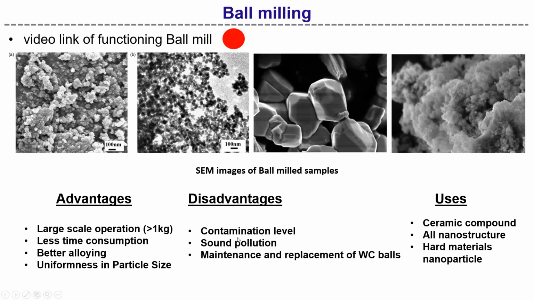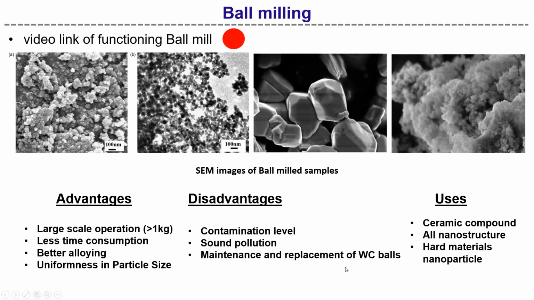Contamination level would be very high because this is a physical method, and normally in physical methods this problem arises where the ball physically touches your material and the inner surface of the steel vessel touches your nanostructures or powder. So contamination, adding of elements, and defect creation would be there in this method. Sound pollution is also an issue, but it can be reduced by isolating the room.